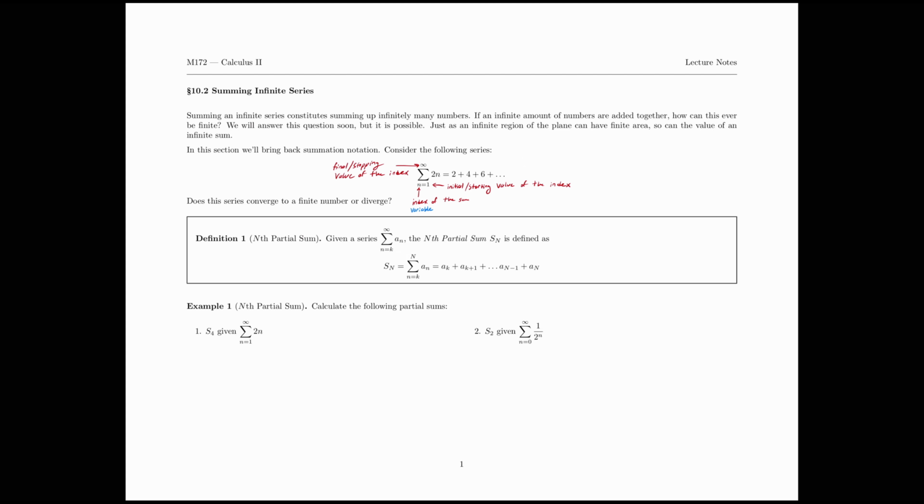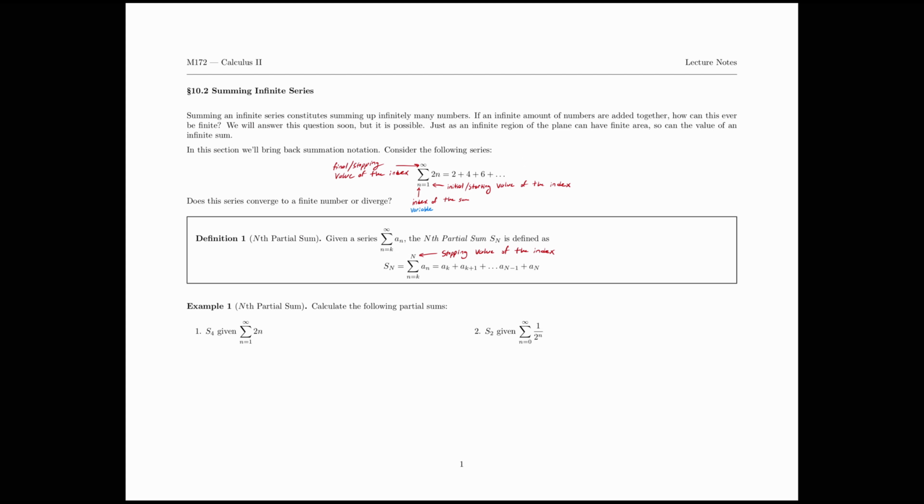So this nth partial sum here, what's really important, and is a very common misconception, is that this is the stopping value of the index, which is exactly what we said a moment ago when we were reviewing summation notation. But with partial sums, it's oftentimes forgotten.